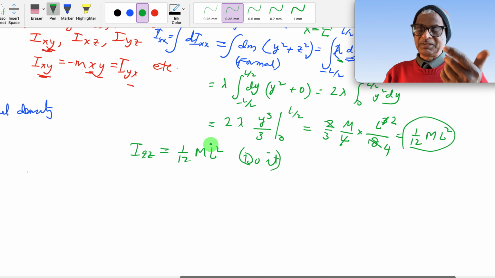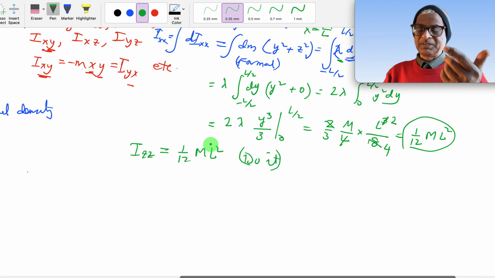Let's do a somewhat more interesting calculation involving, say, this area. To do the calculation, we don't just have a disk. This is the disk, and we have to set up the axes.